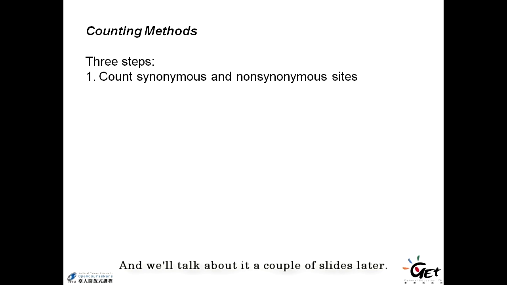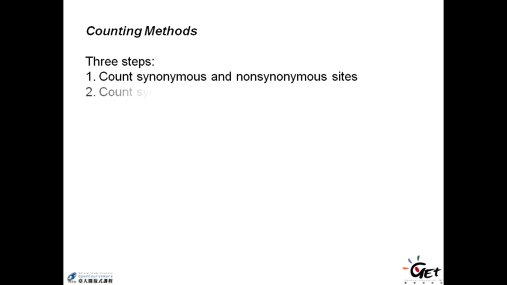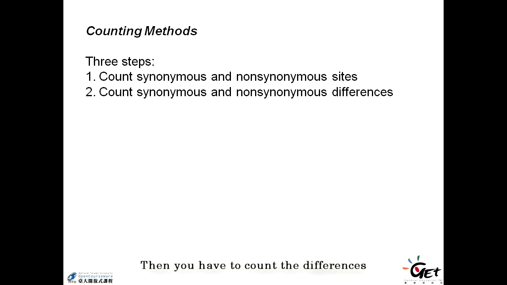And we'll talk about that in a couple of slides. Then you have to count the differences, and the difference is whether the change is synonymous or non-synonymous. This part is relatively easy.